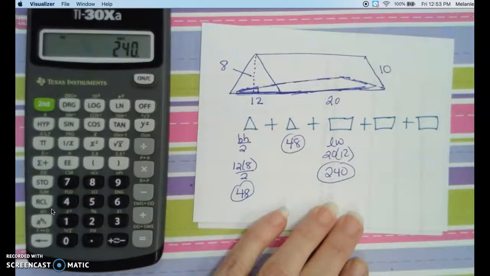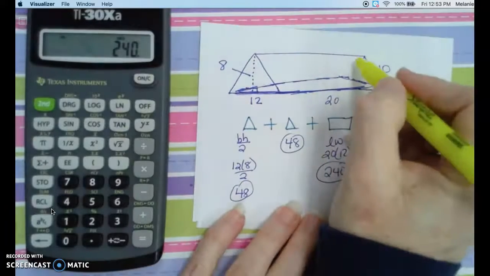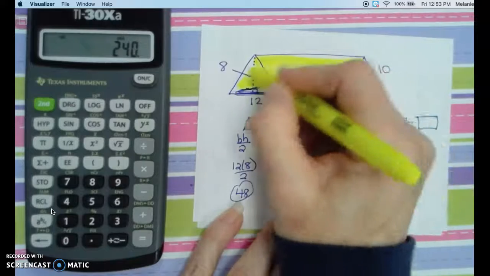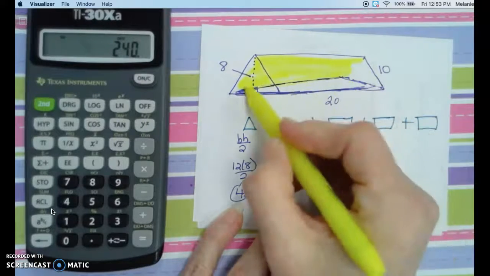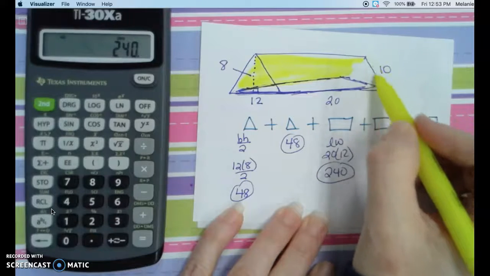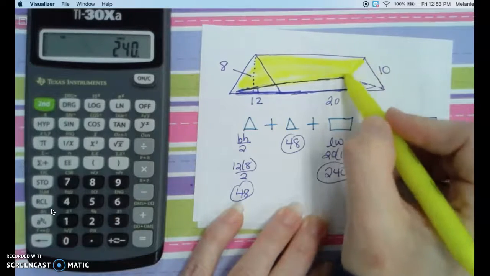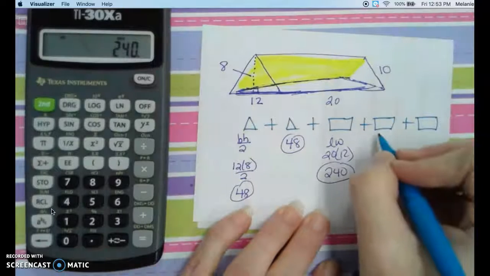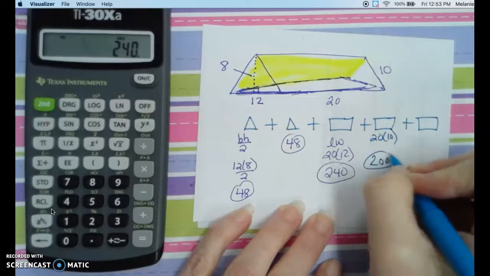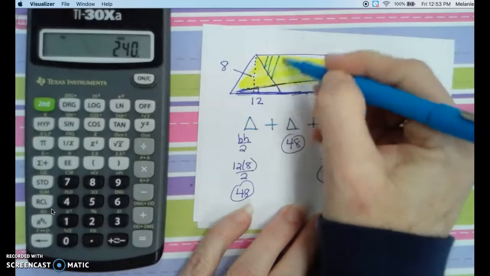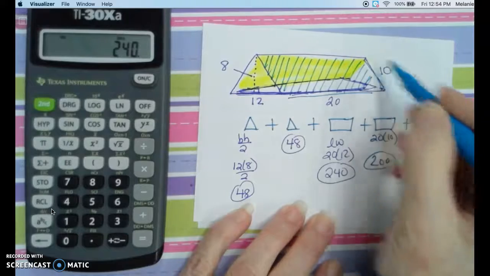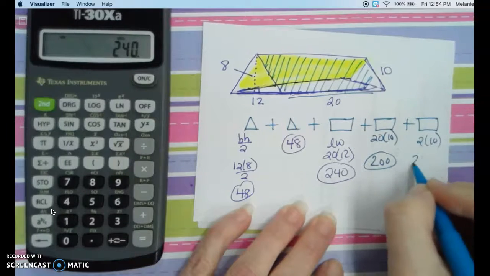Then to find the next rectangle, if I look at the one in the back, I hit 20 here, and then this up and down, well, it's really not up and down with the slant here and the slant here, they're both 10. So I'm going to hit 20 and 10. That's length and width, and that's going to be 200. And then this side is going to be 20 and 10 also, which is 200.